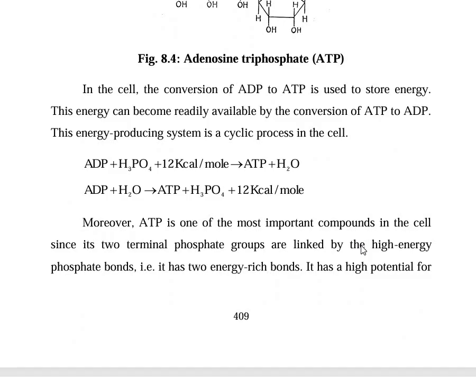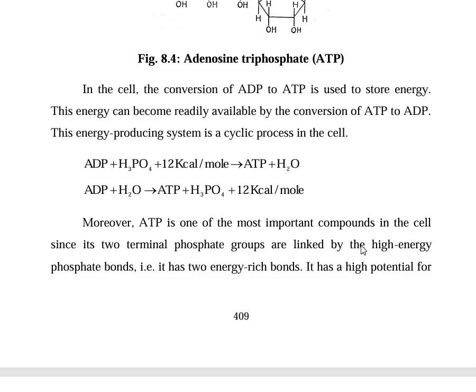Now, in the cell, the conversion of ADP to ATP, diphosphate to triphosphate, is used to store energy. This energy can become readily available by the conversion of ATP to ADP, because the energy is stored in the form of a phosphorus-oxygen bond.